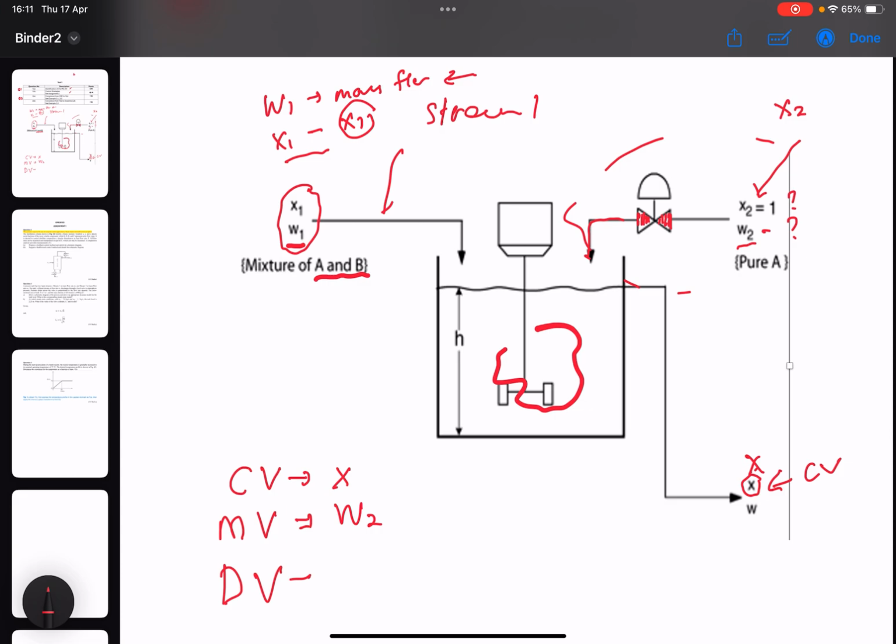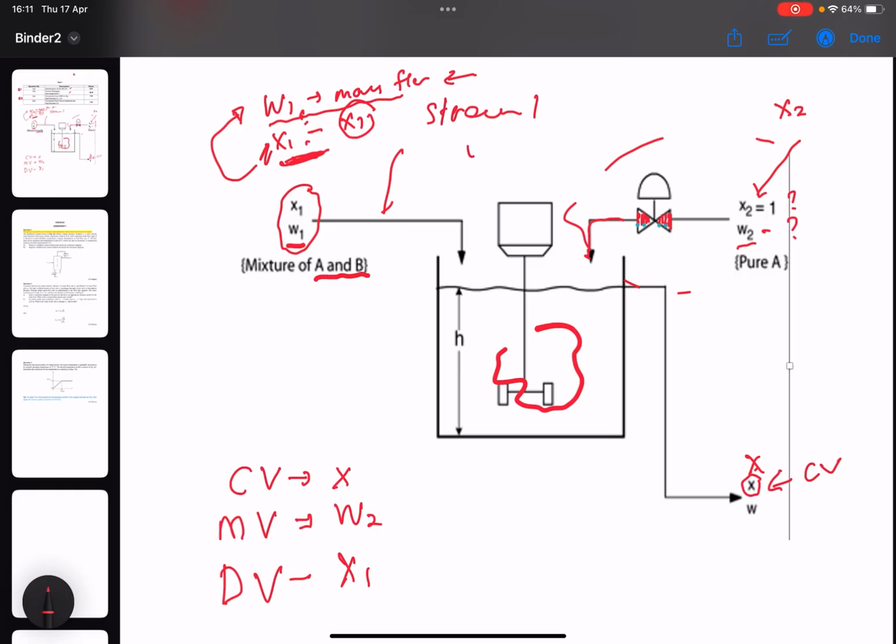For that reason, we have to use X1 as our disturbance variable. If I say my disturbance variable is the mass flow rate in stream 1, which is W1, you will notice that the mass fraction X1 is not really depending on W1.